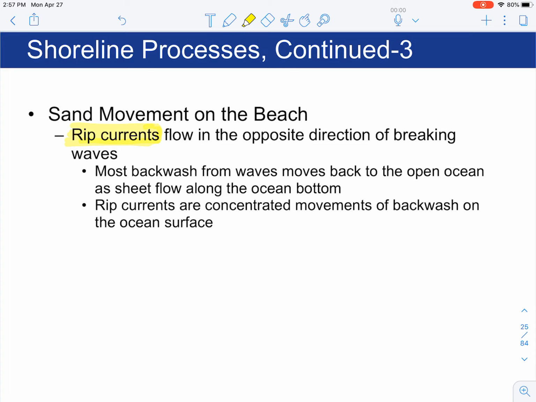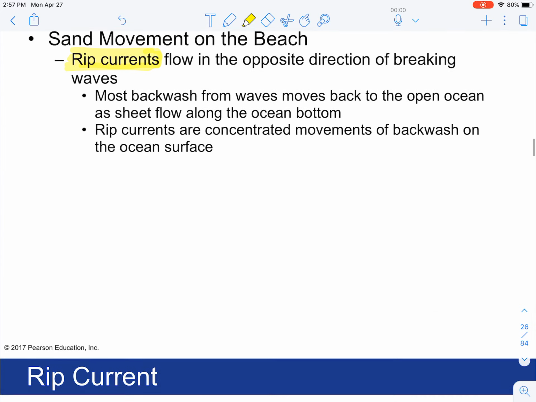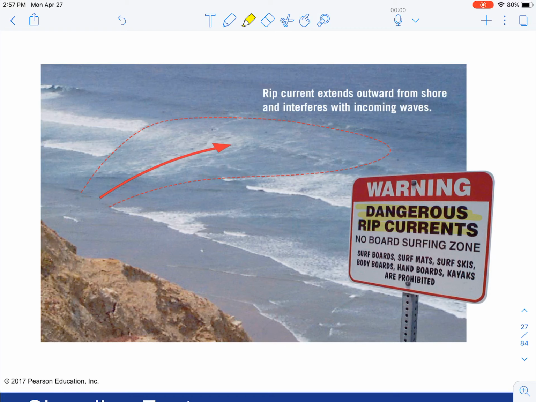This can cause some dangerous currents that have caused people to drown, which is scary. Here's an example of dangerous rip currents.